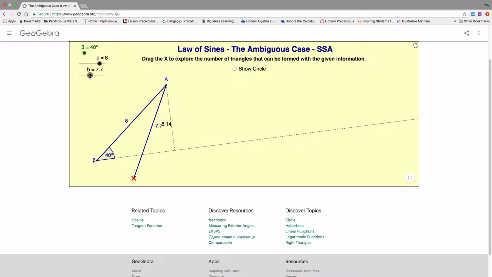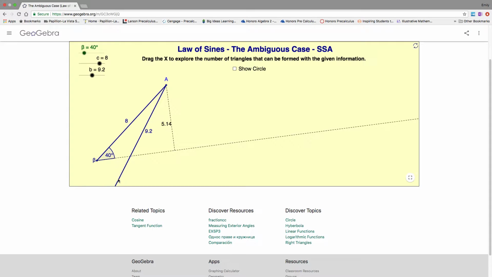And if I make B so long, it has to be that long. Let me see, I gotta make it a little shorter, or maybe a little longer. On this side, see, it's not hitting the line where my red X is. It has to be 9.2, so it has to be that long.